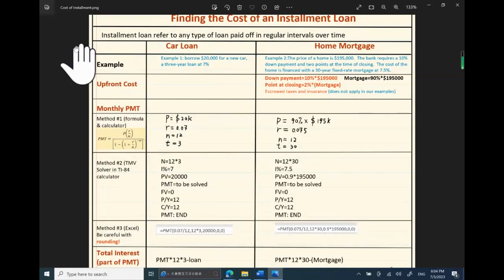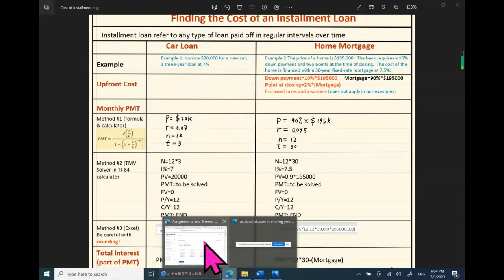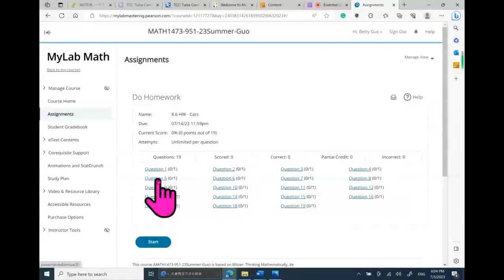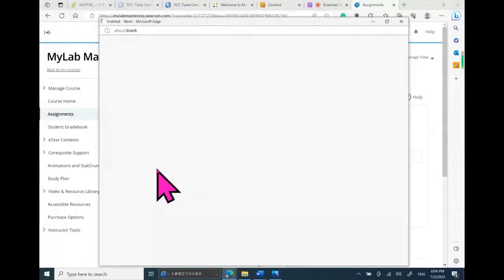In the case of a car loan, maybe 3 years, 4 years, or 5 years. In the case of a home mortgage, maybe payments every month over 15 years or 20 years or 30 years. So that's the definition of an installment loan. And let's look at the problems in this section. Start the first question.